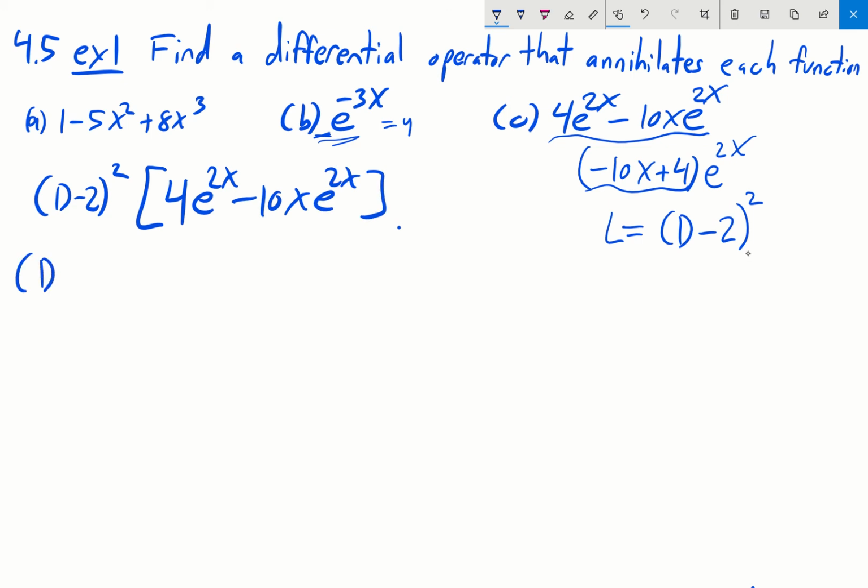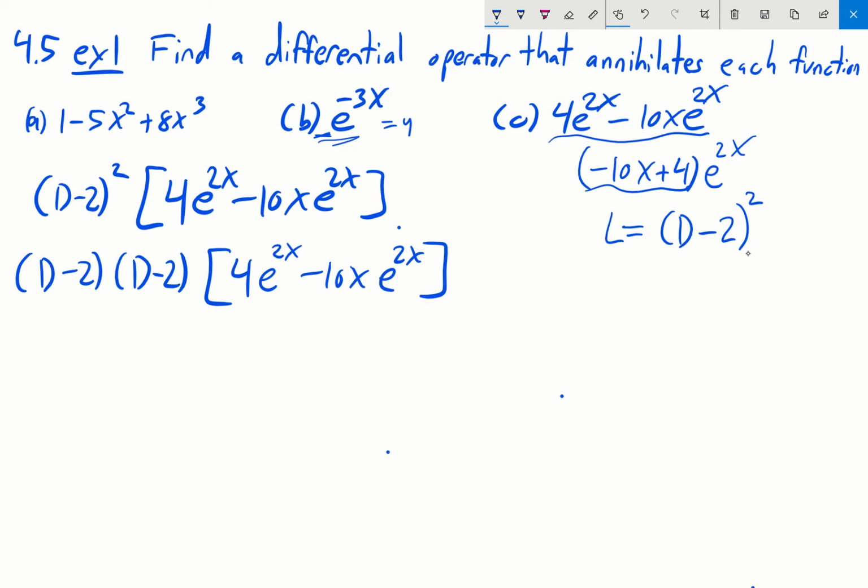We can think of this as (D - 2)(D - 2). It's a repeated factor, so we're applying the differential operator D - 2 twice. If I apply it the first time, again, it distributes.